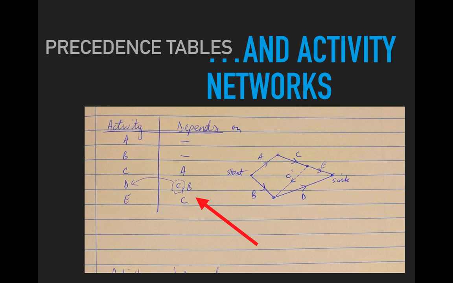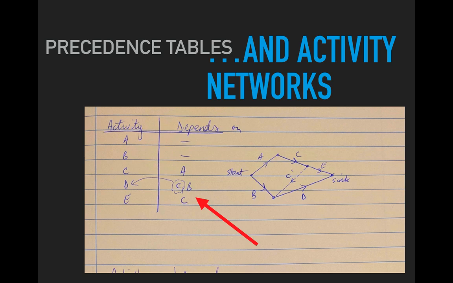Now I'll say that again, and then we'll have a look at the activity network just to verify that. The thing that's circled, the C, when I'm drawing my activity network, I'll first ignore it and complete my activity network. And then what I'm going to do is draw a line from the end of C, that's the thing that's circled, to the start of D, which is where the arrow is pointed towards.